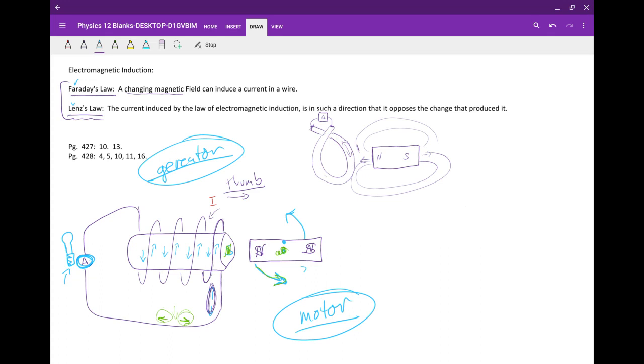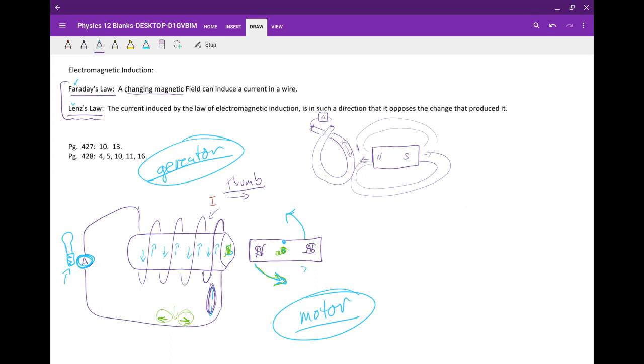So together these are called Faraday's law and Lenz's law. It has to do with changing magnetic fields adjacent to wires, and these changing magnetic fields push a current through the wire.